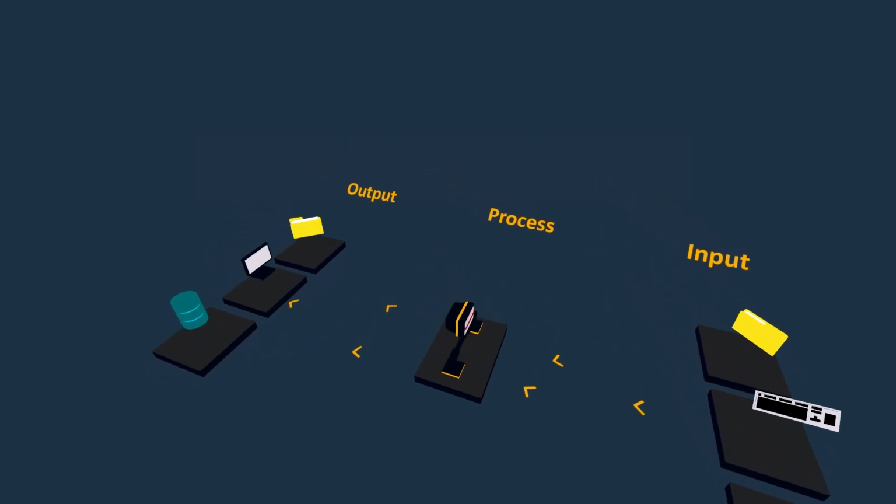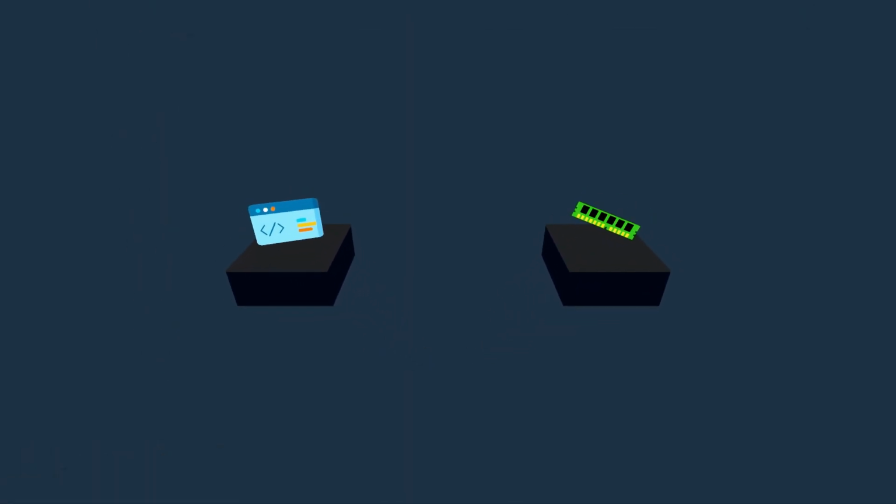Okay, let's go inside the system and see what the variables do for our applications. In the system, we have an application and memory. And a variable is like a small box that is used to exchange data between the application and memory.